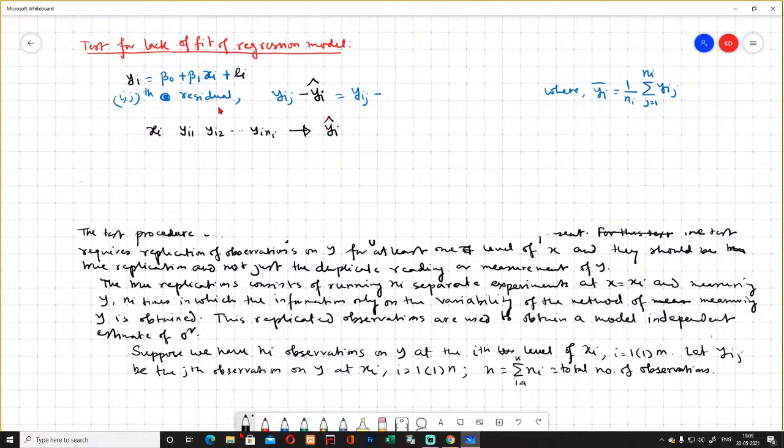So for this reason the ijth residual is yij minus yi hat, and we can write this as yij minus yi bar, which is the mean of this, we already defined, plus yi bar minus yi hat.